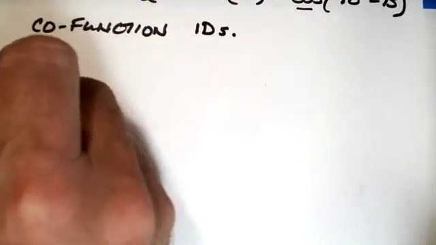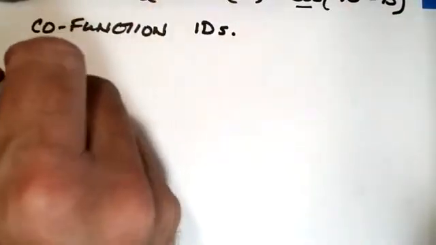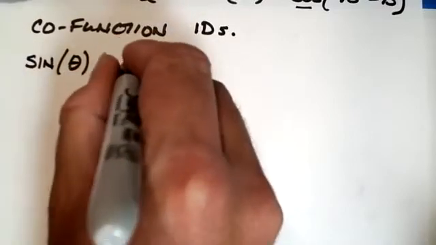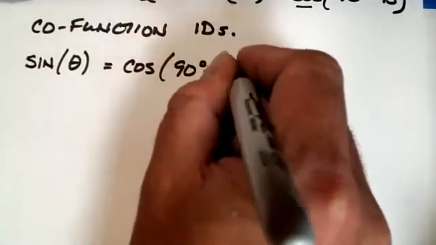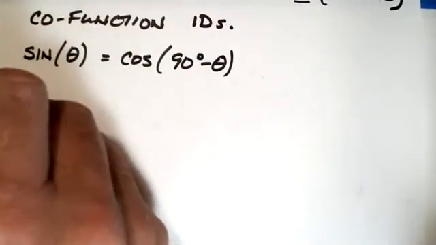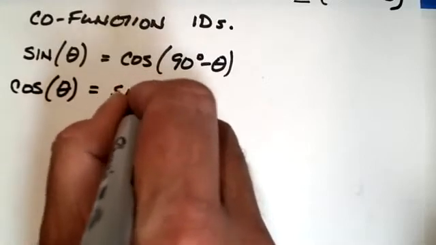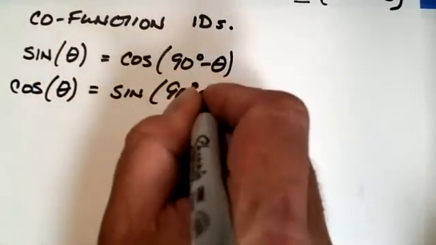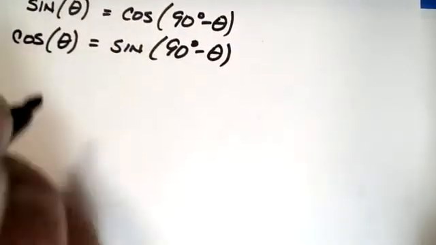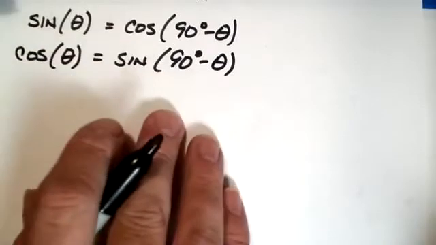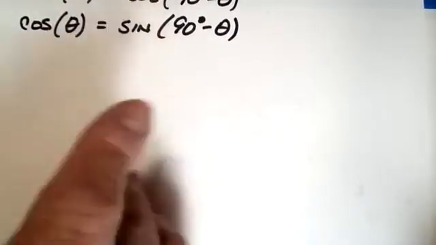And here they are. We'll get away from A, B, and C here, but sine of theta is equal to the cosine of the complementary angle. And similarly, cosine is equal to the sine of the complementary angle. It turns out that this is replicated for all of those pairs of functions that have the same name with a co in front of them. And like I said, this is actually where those terms come from.